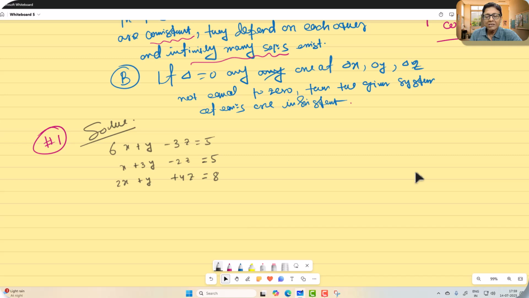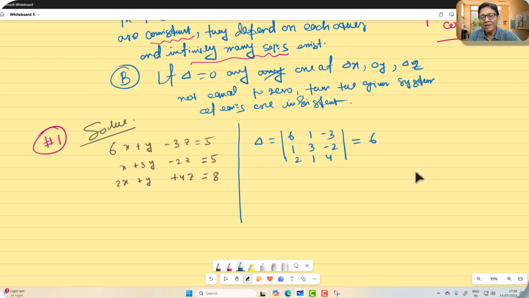To solve this, we will be writing all four determinants and solving them. The value of delta first: 6, 1, minus 3; 1, 3, minus 2; 2, 1, 4.